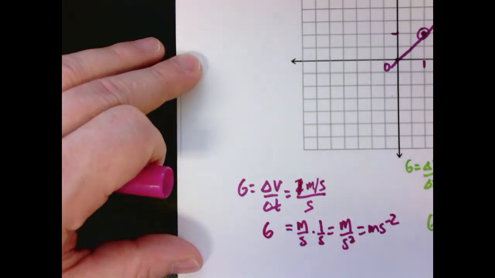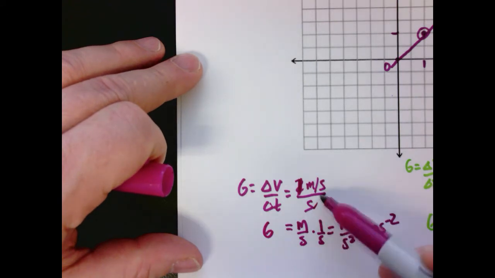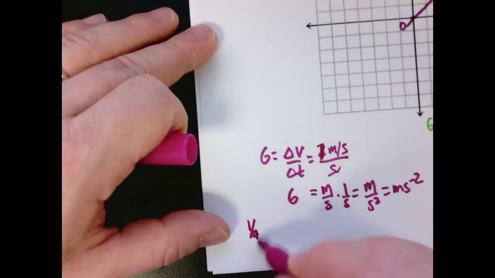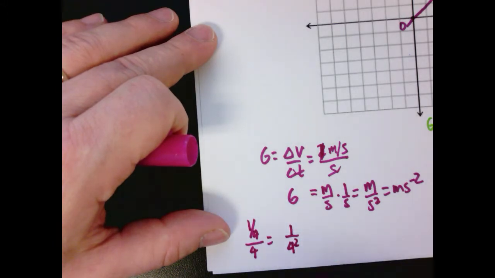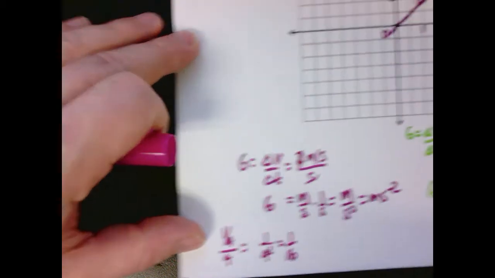Those are the units. Now, meters per second squared is an algebraic contrivance because it's meters per second per second. It's just like 1/4 divided by 4, that's 1 over 4 squared, which is 1/16. It's not something particularly special.